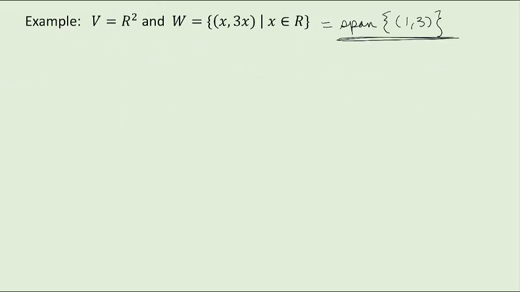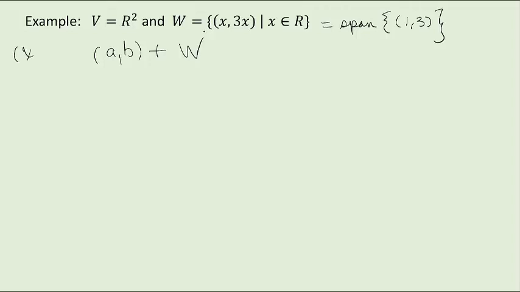So we'll look at an example where V is the Cartesian plane, R squared, and W, its subspace, is the set of all ordered pairs where the y-coordinate is 3 times the x-coordinate. In other words, it's the span of the ordered pair (1, 3). So we know the dimension of W is 1. Well, what is a coset of W? It would be an ordered pair plus W. And what would it mean for something to be in that coset?